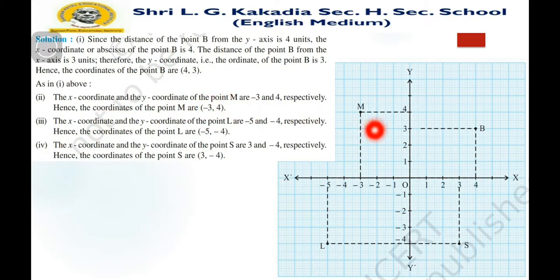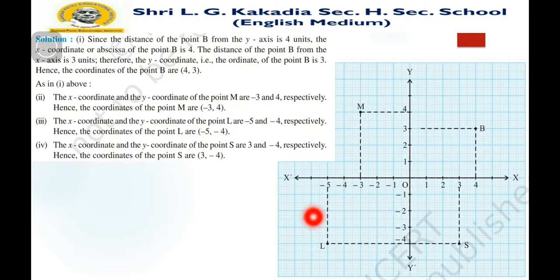As for the point M, the distance from the y-axis on the x line is -3, so its x coordinate is -3, and the distance from the x-axis on the y-axis is 4, so the y coordinate is 4. So the coordinates are -3, 4: the x coordinate is -3 and the y coordinate is 4.